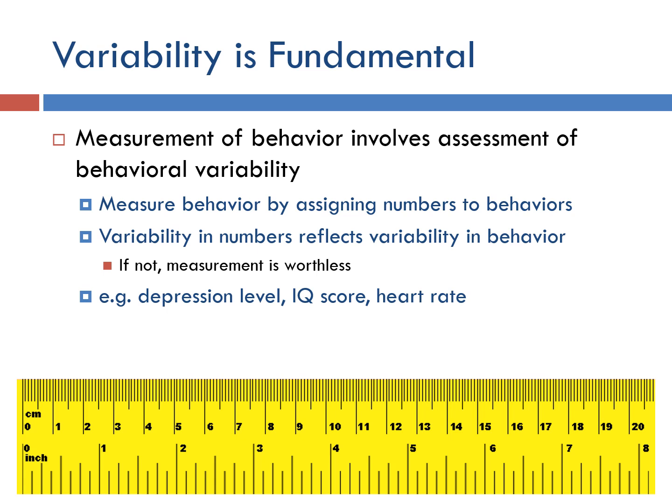It's like taking a ruler and putting it on the psychological, behavioral phenomenon we care about. Variability in numbers reflects the variability in behavior. If there's no change in the number, no change in the level of our variable, when the behavior changed, then it's really a worthless measurement tool. If stuff is changing and our tool isn't picking up that it's changing, what's even the point?